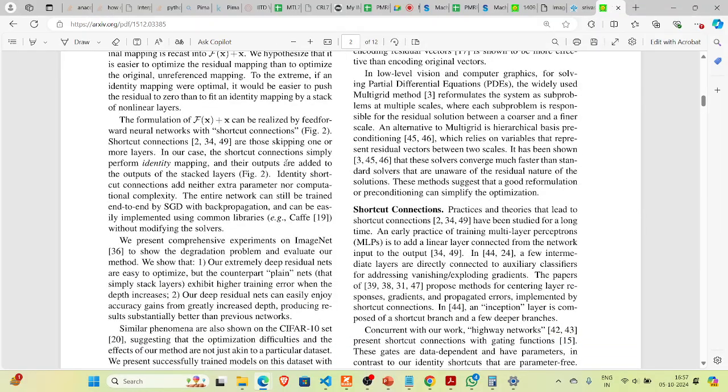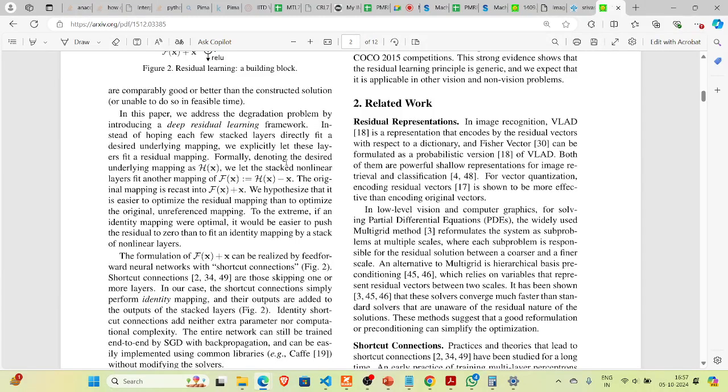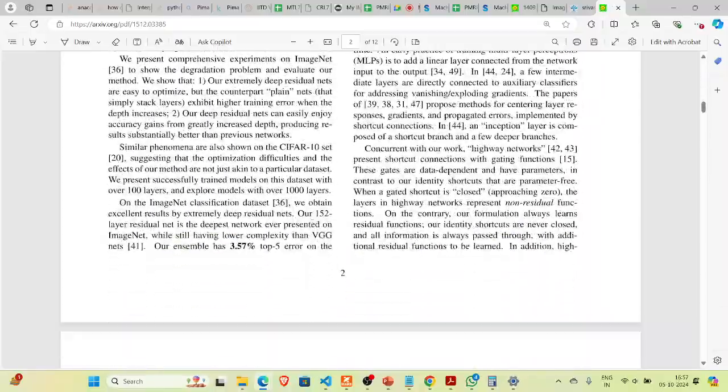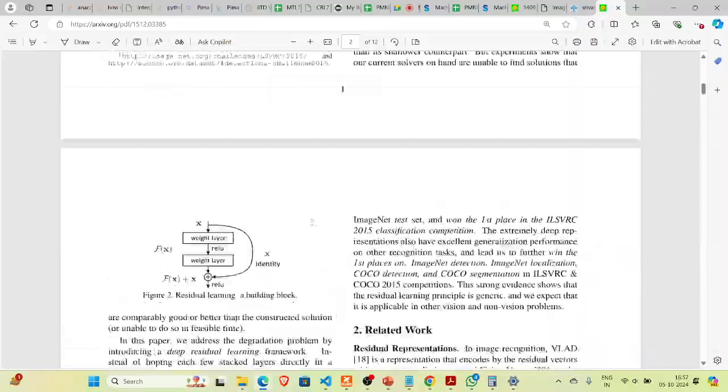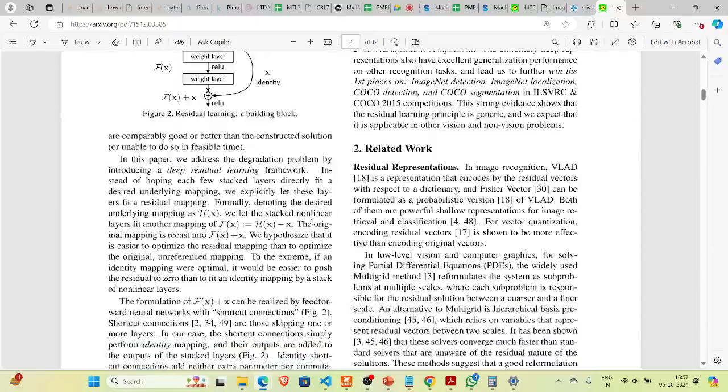This is the shortcut connection. So this is reference to 0. So it is easier to optimize the residual mapping than the unreferenced mapping. That is the concept they have introduced here, and for that the skip connection is important.